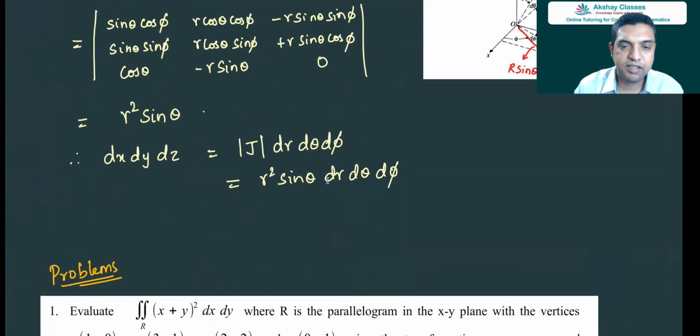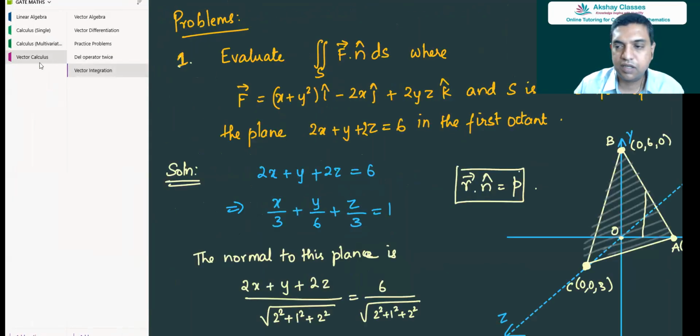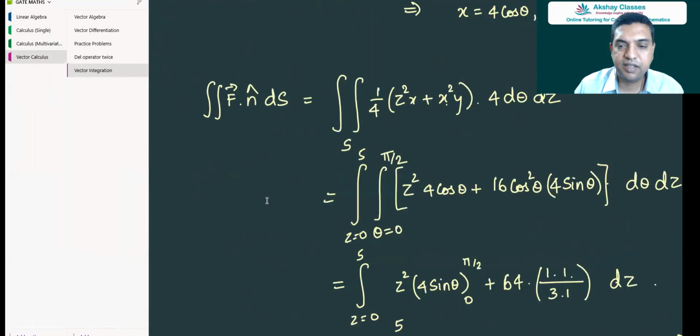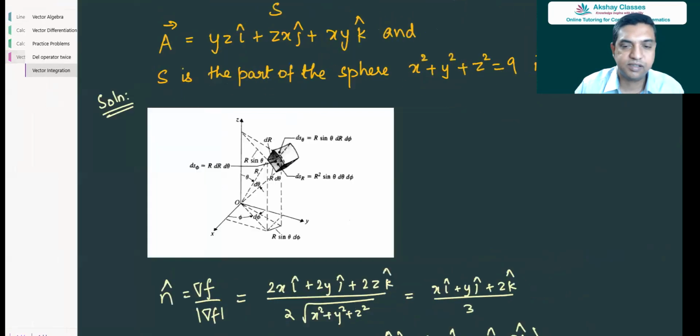Only dr is the missing term. So dr is what is different, because along the thickness, radial thickness, we are not considering, because we are considering the surface.